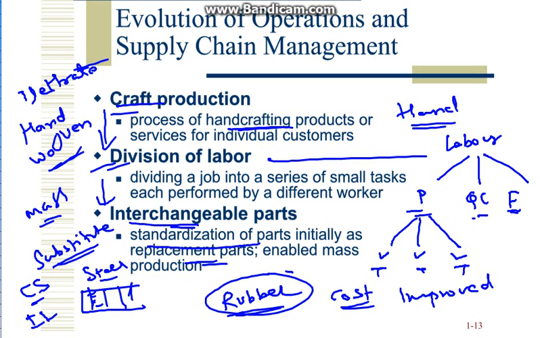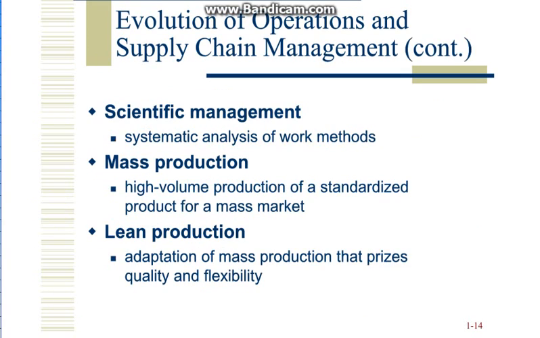And the next thing which came into the market, I'll show you. The first was craft production, second division of labor, third interchangeability of parts, and the fourth evolution which came about was scientific management. Scientific management is nothing but the systematic analysis of work methods.